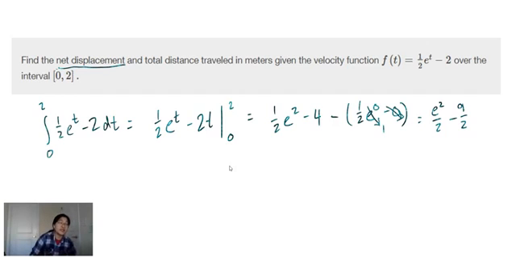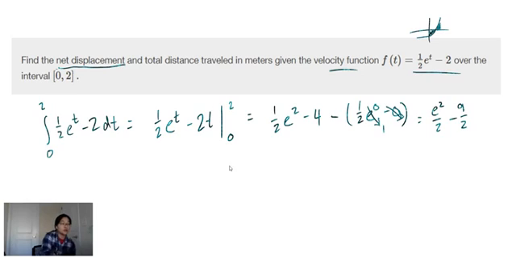What about the total distance traveled? So we're looking at a velocity function that looks like that, which is a rough sketch, something like that. So we have a negative distance and then a positive distance.